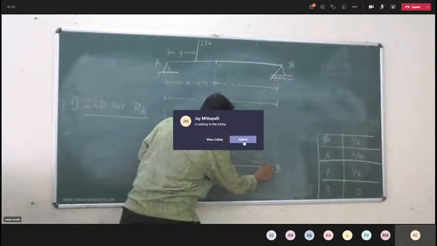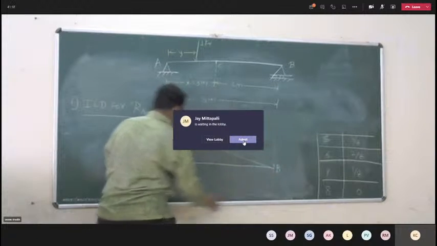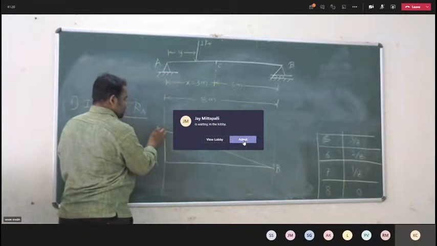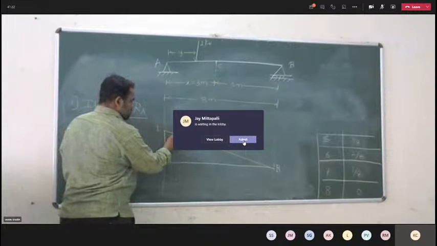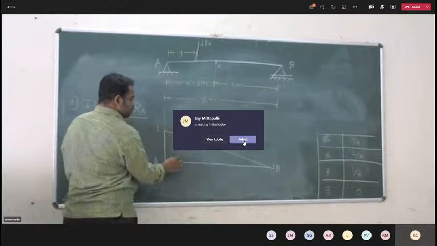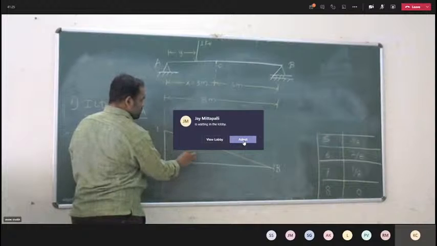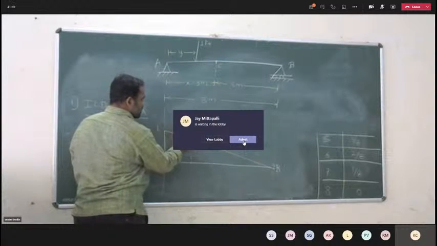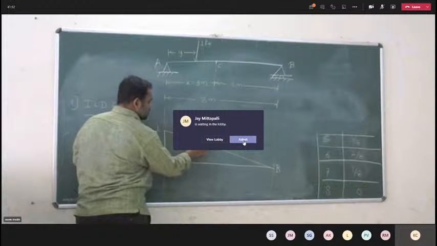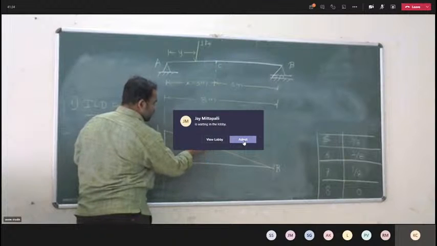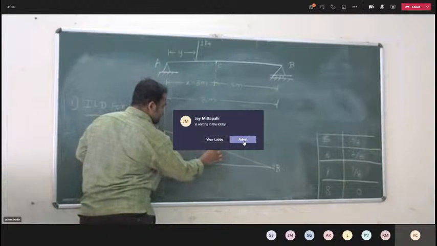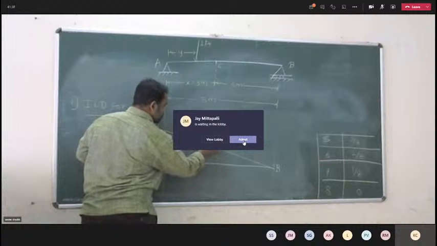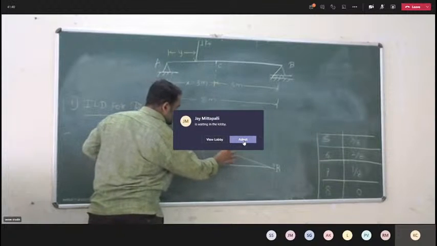At B, ordinate is 0. At 1 meter it is 7 by 8. 2 meter it is 6 by 8. 3 meter it is 5 by 8. At center it is 4 by 8.